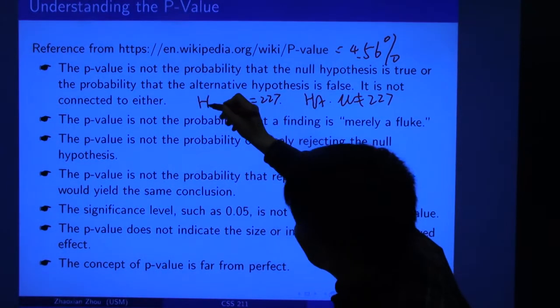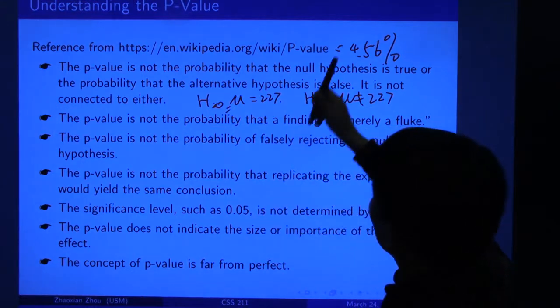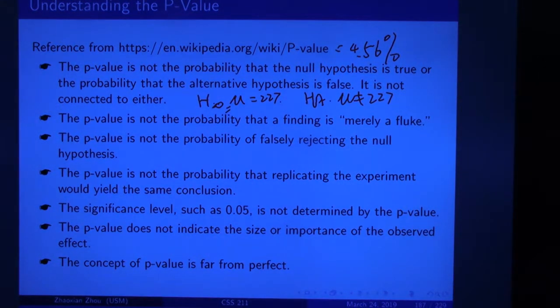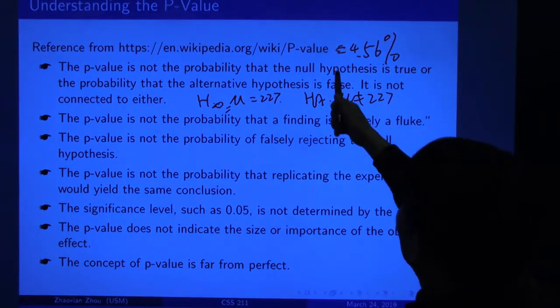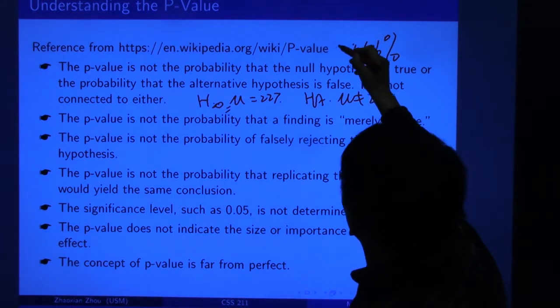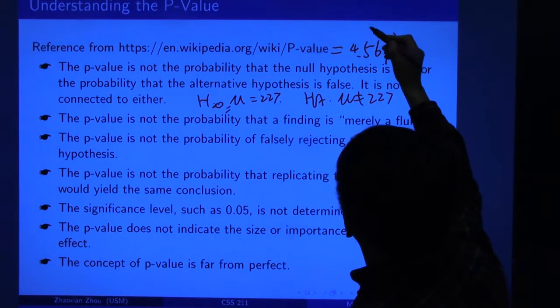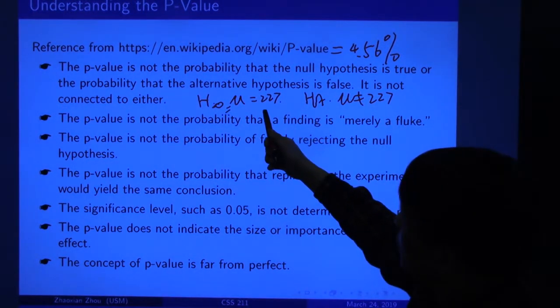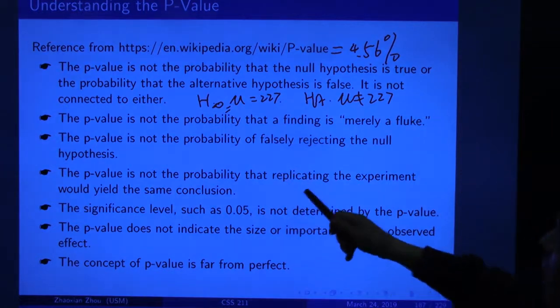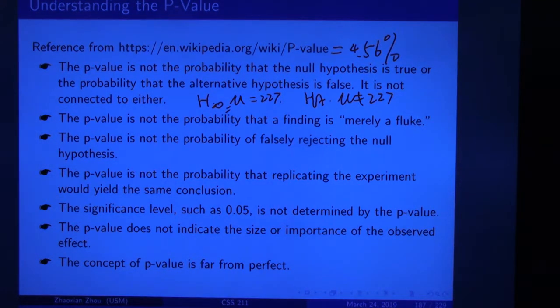H0 is this, and the p-value equals 4%. Okay, for short we said 4%, 4.5%. Is it that the population mean equals 227 has a 4% probability of being true? No, this is not.